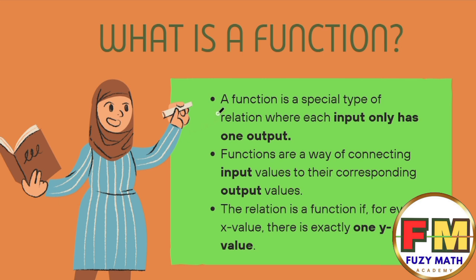What is a function? A function is a special type of relation where each input only has one output. Functions are a way of connecting input values to their corresponding output values.